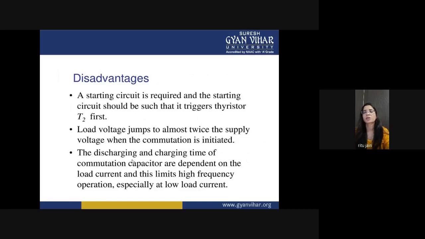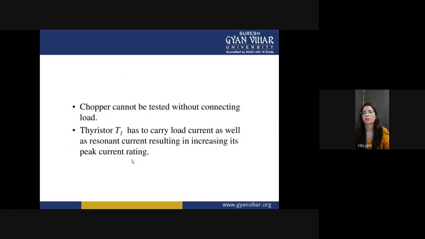Then the load voltage jumps to almost twice the supply voltage when the commutation is initiated, as we have already seen in mode 3, in which the capacitor voltage was double the input voltage. The discharging and charging time of the commutation capacitor depend on the load current, and this limits high frequency operation, especially at low load current. So the chopper cannot be tested without connecting a load.